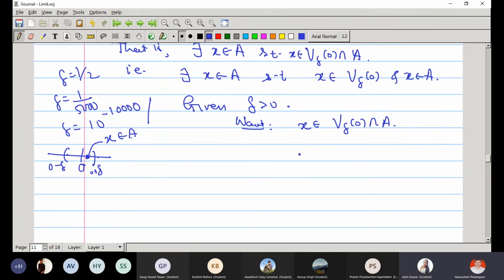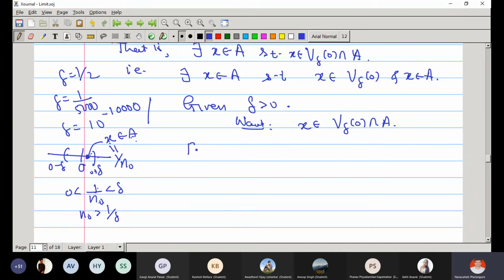Yes, sir. Because x is a member of A, x is of the type 1 by n. So what do I expect? x is in A and x is here. That means x is some 1 by n naught, because x is a member of A. Can I produce some 1 upon n naught which is in between 0 and delta? Is it possible? Yes, sir. What is the guarantee that there is such an n naught? Sir, Archimedean property. Very good.